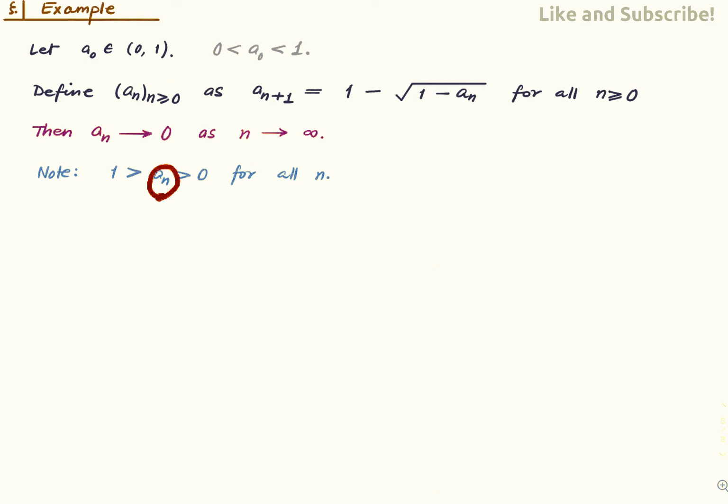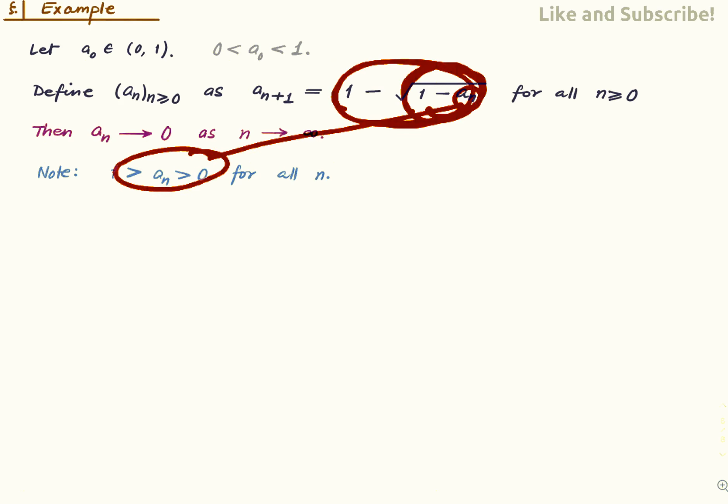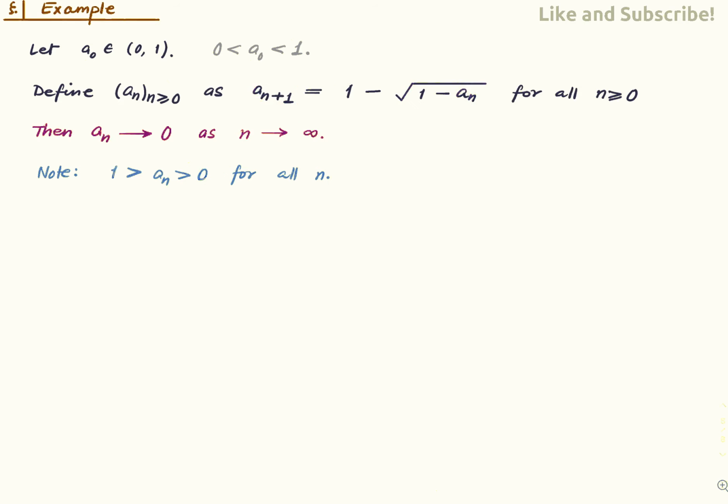Because once you establish that an is satisfying this, then an plus 1 automatically satisfies this also, because this number is strictly between 0 and 1, and hence this number is strictly between 0 and 1. So once an satisfies this condition, an plus 1 also satisfies this condition, and the base case of the induction is that a0 satisfies this condition. So this is true for all n, and you're encouraged to fill the details if this is not immediately clear.